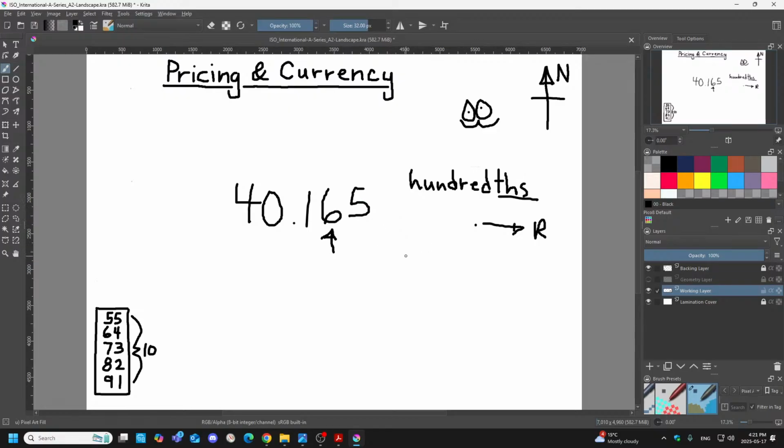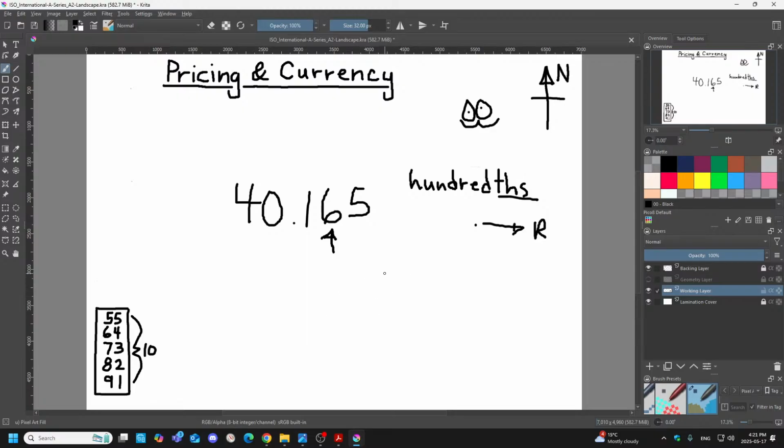So the rule is if it's greater than or equal to 5, I kind of wrote that wrong. It's written like that, which means greater than or equal to. I didn't really have the room.